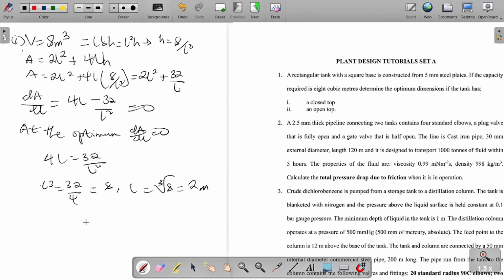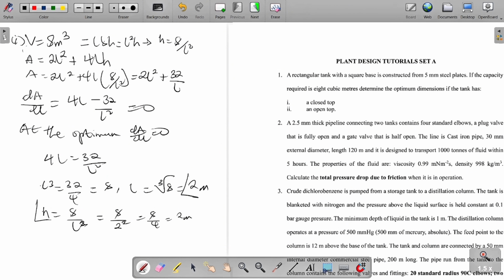That's the optimum length. How to find the optimum height? That's 8 divided by L squared from the first equation. So 8 divided by 2 squared, 8 divided by 4, which is also 2 meters. So the length and height give us the optimum dimensions if the tank has a closed top. Did you get it?